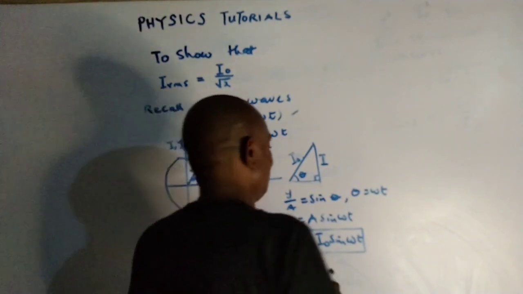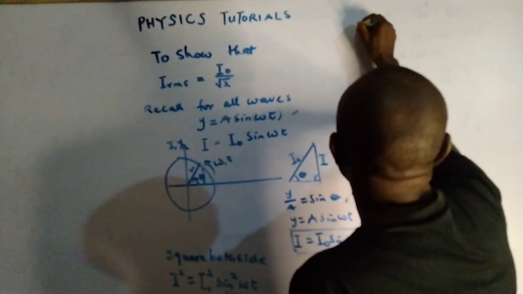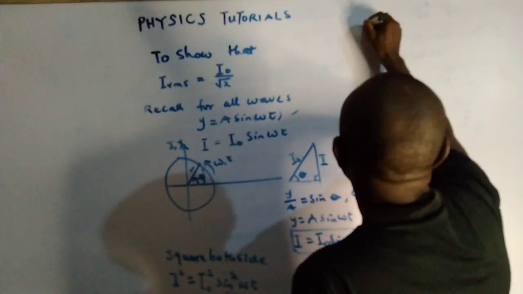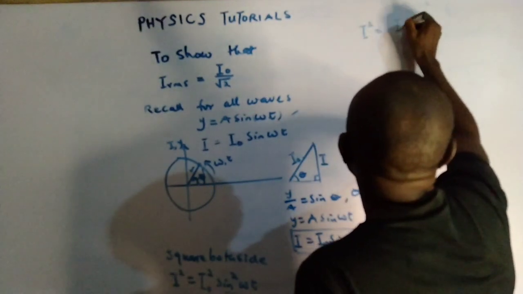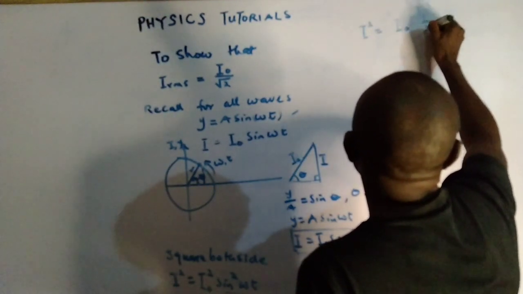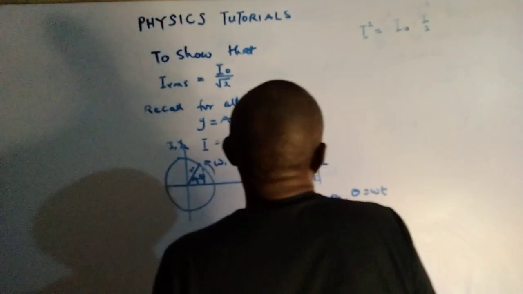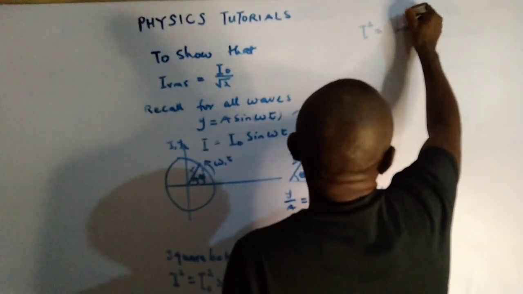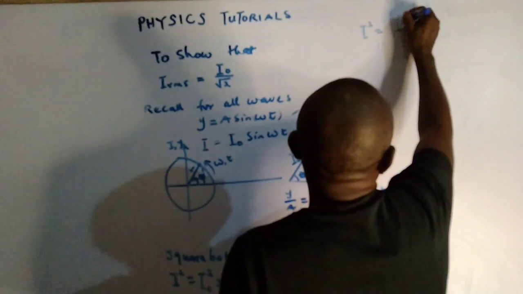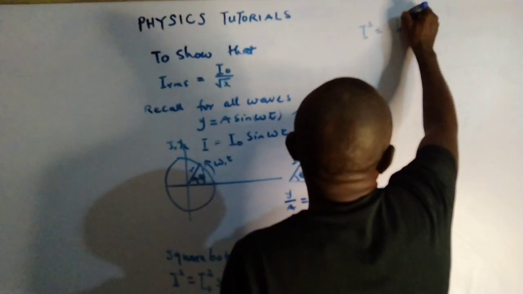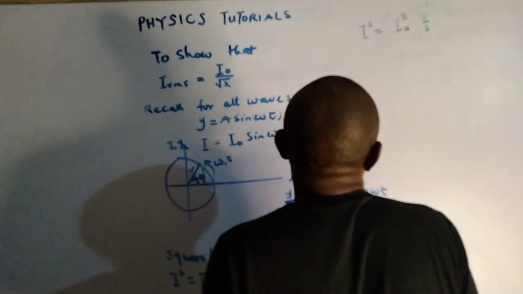If that is the case, it means that we now have I squared equal to I0 squared times 1 over 2.